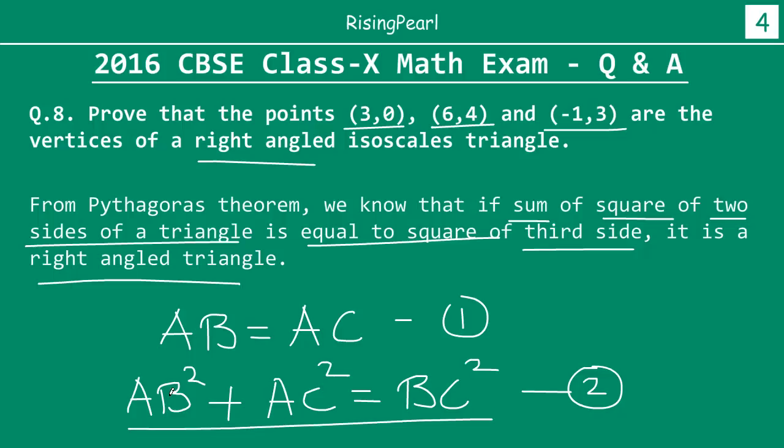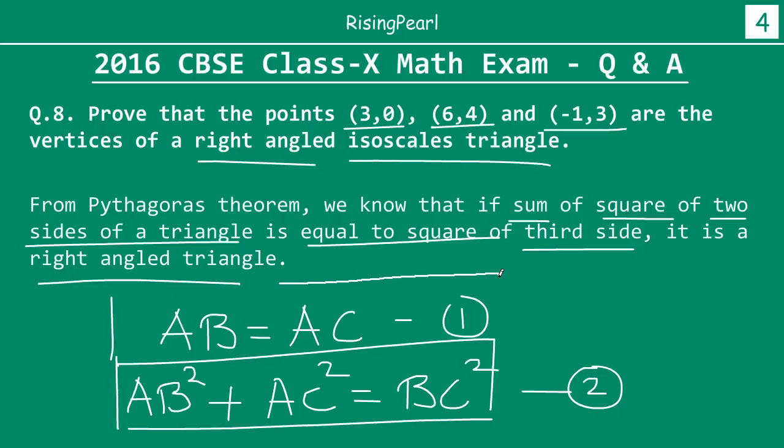Equation 2 proves the right angle triangle, and equation 1 clearly proves it is also an isosceles triangle. So this is how we solve question number 8.